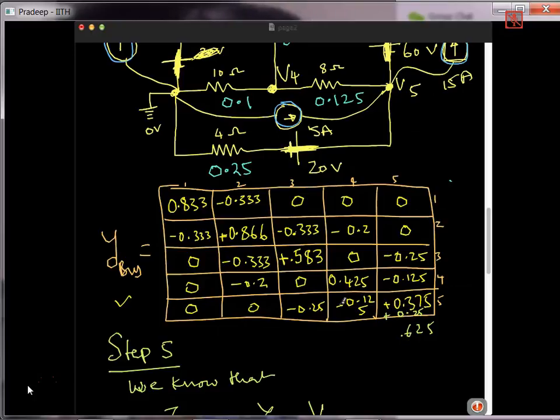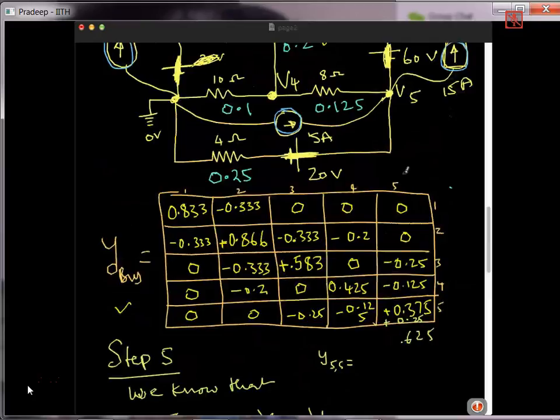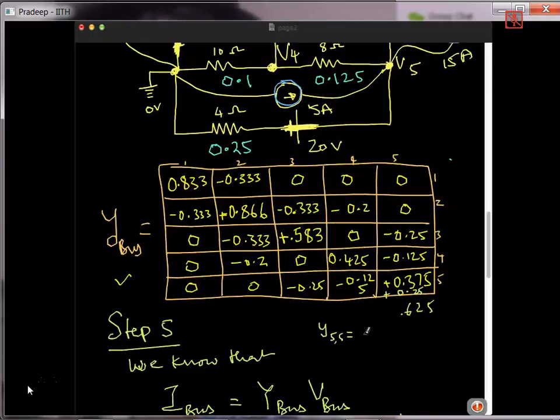Okay, so I'll write it here. Y55 equal to 0.625.